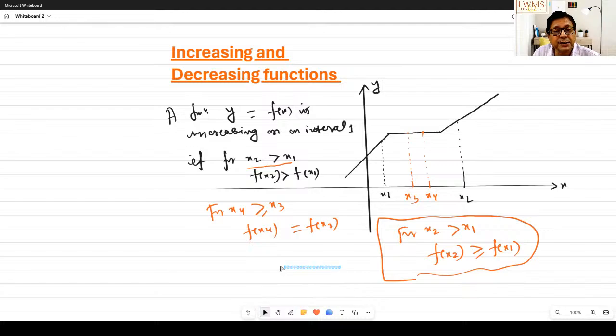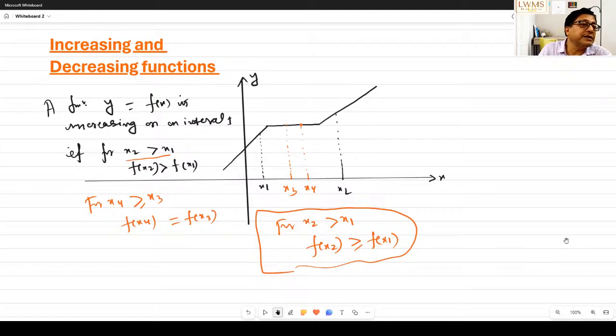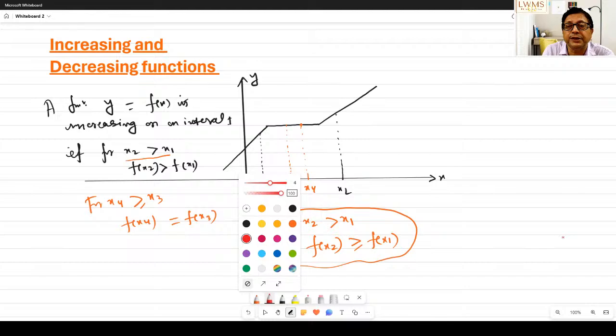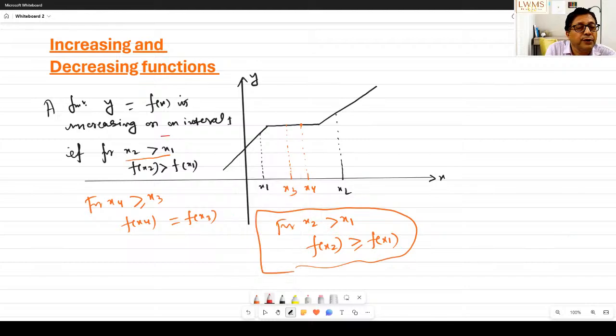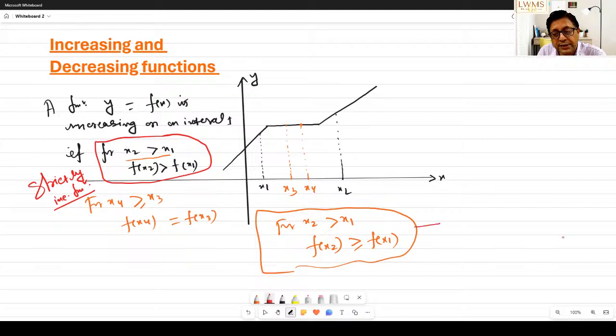But this is just an increasing function. This is not a strictly increasing function. The case I have written over there in the beginning is the case of a strictly increasing function. This is the case of a strictly increasing function, and this is just an increasing function.